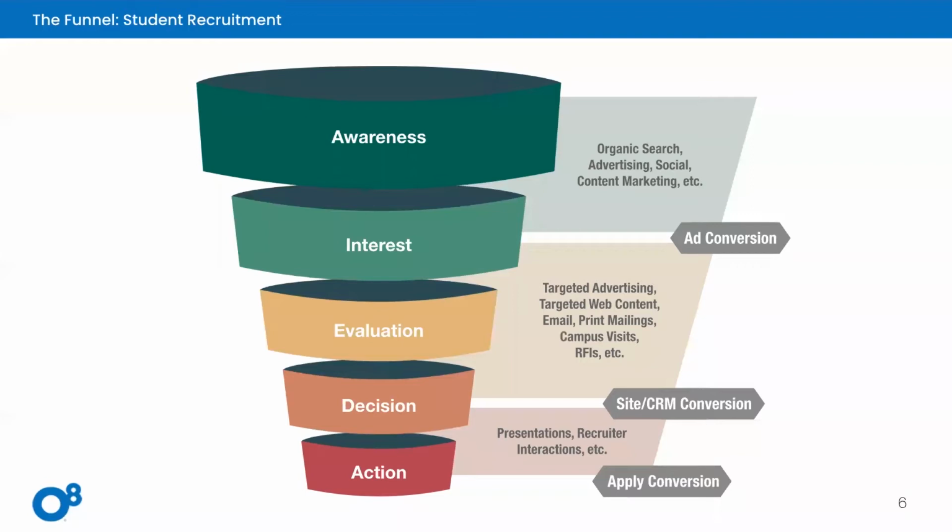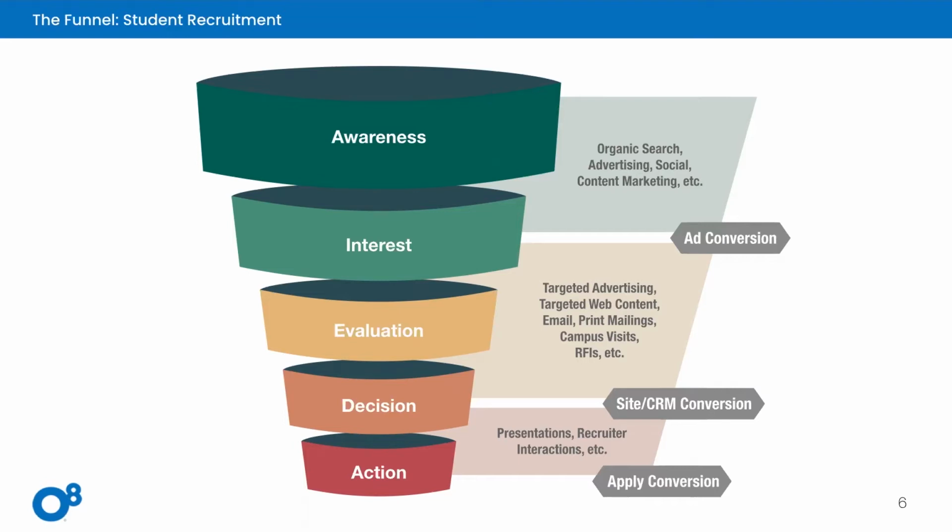And at the very end, you've got direct person-to-person interaction with recruiters and the admissions staff, working around presentations, on-campus visits, things like that. The really big question that most marketers, sales teams, and admissions teams are asking themselves is, how do we track the user journey throughout this funnel?